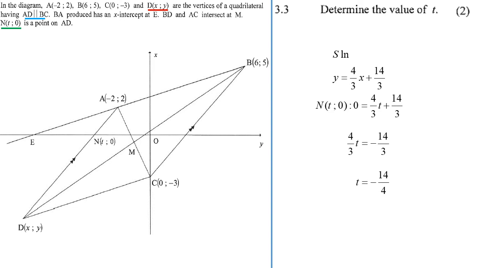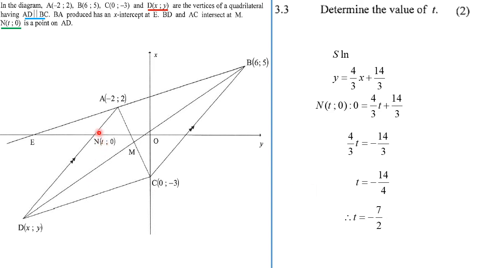Then your answer is minus 14 divided by 4. If you leave it like this, you lose a mark. Every time write your answers in the simplified form. Okay, right, then the equivalent fraction of minus 14 divided by 4, the biggest number that can divide in 14 and 4 and leave a remainder of 0, that will be 2. Then you have t is equals to minus 7 divided by 2.